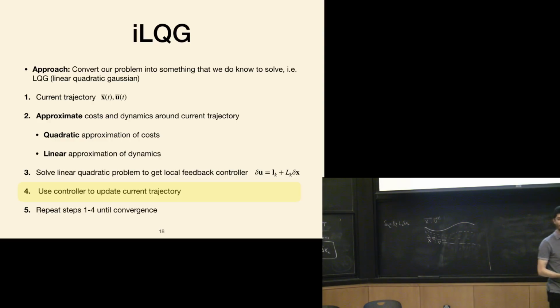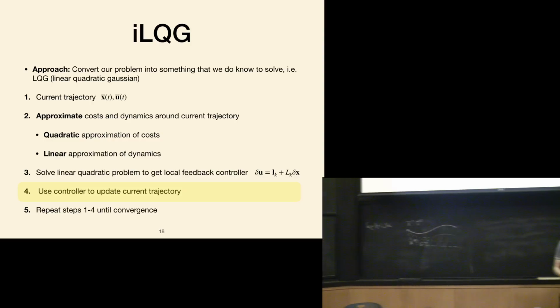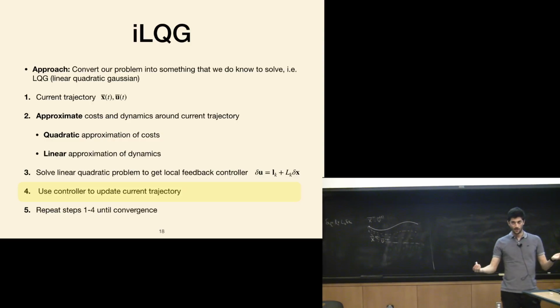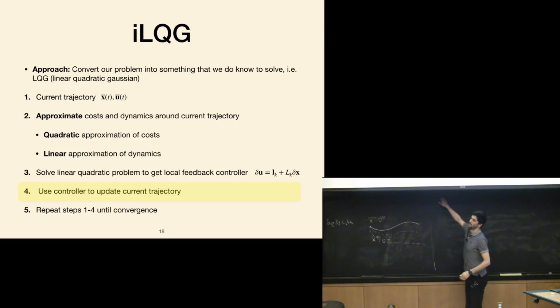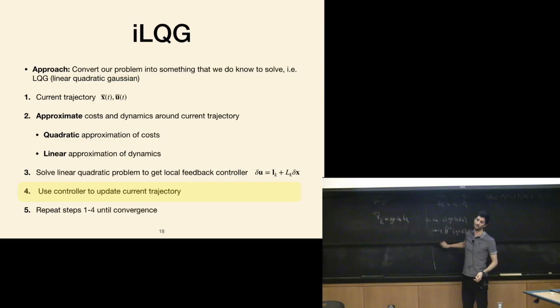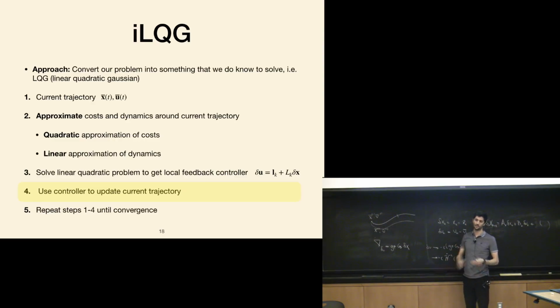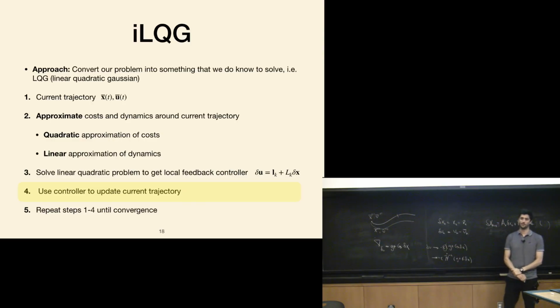Yeah? What if on our next rollout we actually get a higher cost trajectory? Good question. The question was, what if on our next rollout we get a higher cost trajectory? That basically means that you let delta u be too big. You went too far, and you got out of the validity of this local approximation. So how you choose this epsilon term is really important.